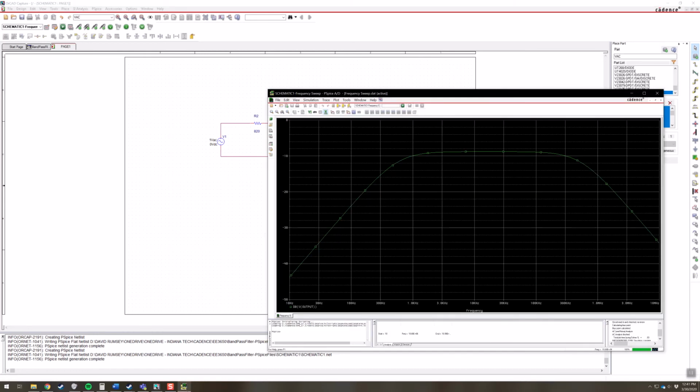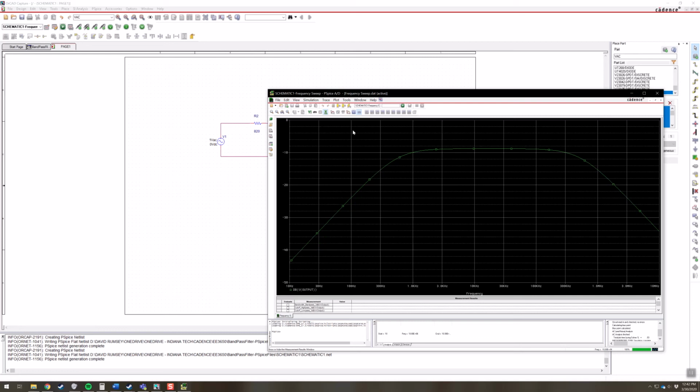It still looks like a bandpass filter, but look what we have here now. It doesn't go up to 0 dB. It's going down to minus 10 dB. Let's toggle my measurements here and see what happens when I do the cutoff frequencies. The cutoff frequencies are completely wrong as well.